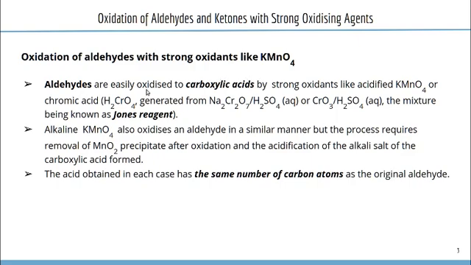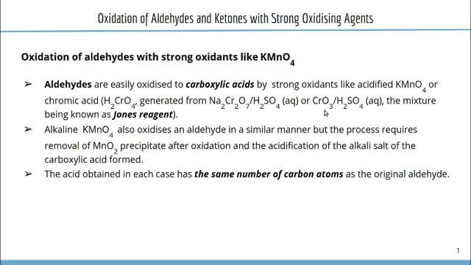Aldehydes are easily oxidized to carboxylic acids by strong oxidants like acidified KMnO4 or chromic acid. Chromic acid has the formula H2CrO4. It can be generated from sodium dichromate, Na2Cr2O7, and aqueous sulfuric acid.